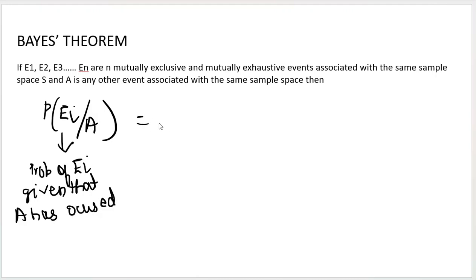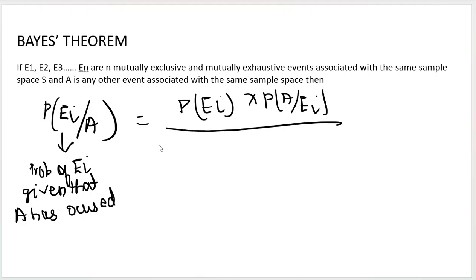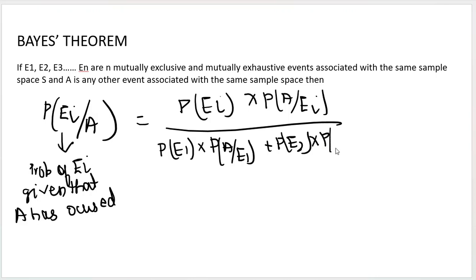So there is a formula which says that this is equal to the probability of Ei into the probability of A given Ei, upon the probability of E1 into the probability of A given E1 plus the probability of E2 into the probability of A given E2.